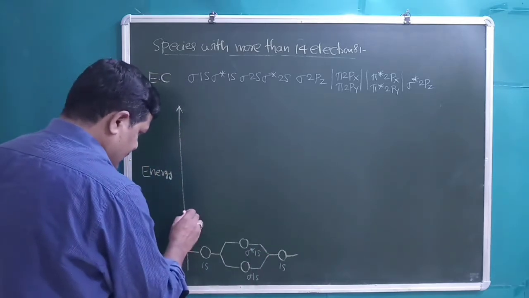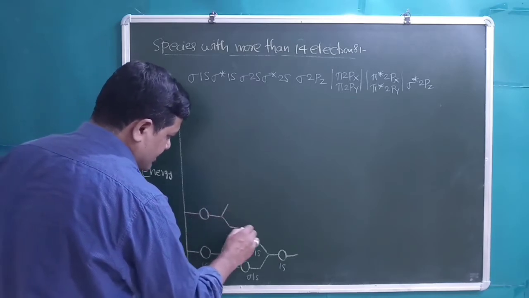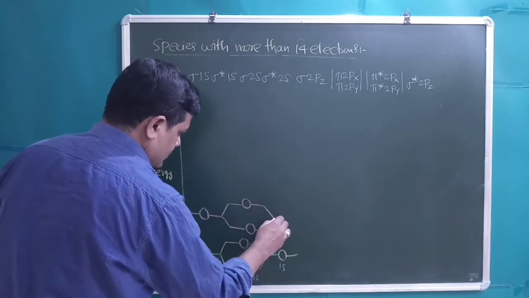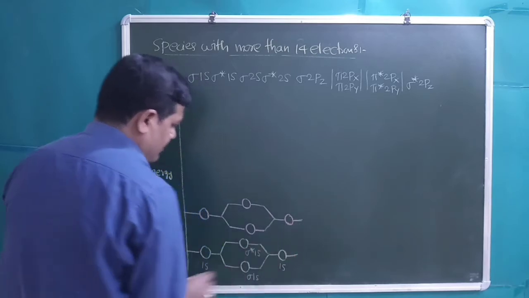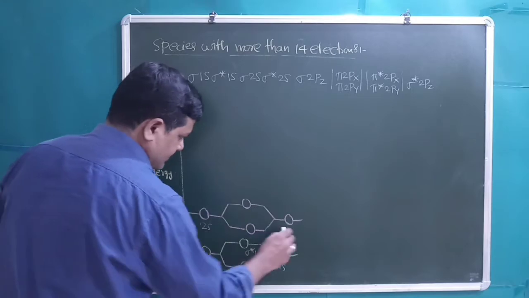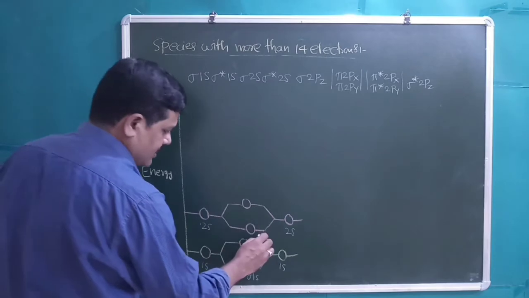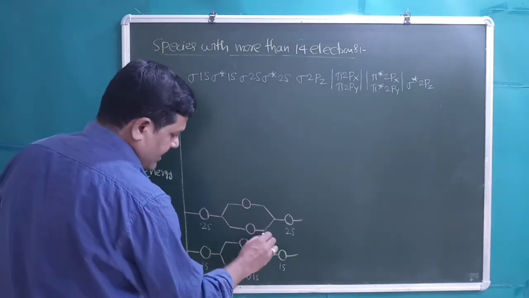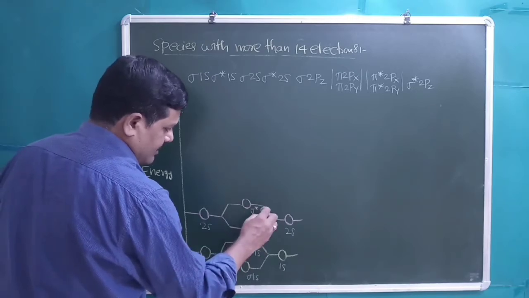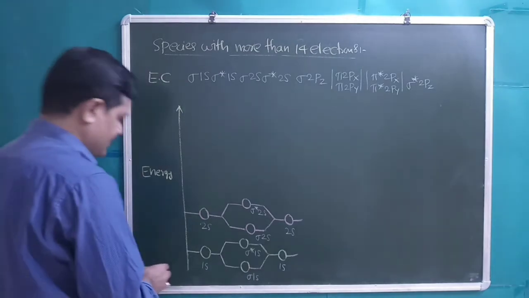And next level, the 2s orbital of one atom is combining with the 2s orbital of the other atom, which will form two molecular orbitals, in which one is the bonding molecular orbital sigma 2s, and the other is the anti-bonding molecular orbital indicated with sigma star 2s.